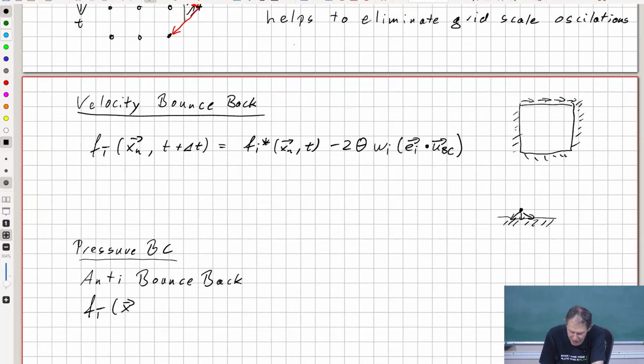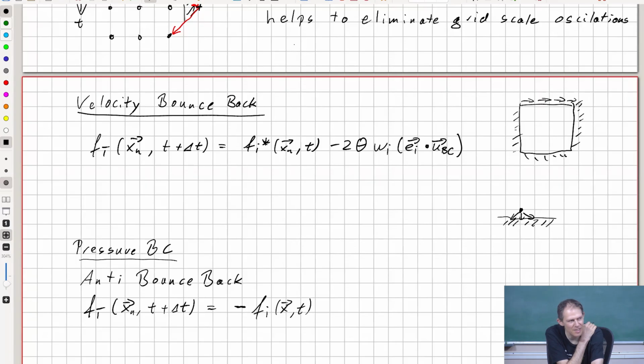So we have F in the incoming direction at the position, say, at the first nodes at the entrance at a later time step. And here we have again the outgoing population, at X and T. So this is bounce back. So how do we make anti-bounce back? We make anti-bounce back by saying we put a minus here.